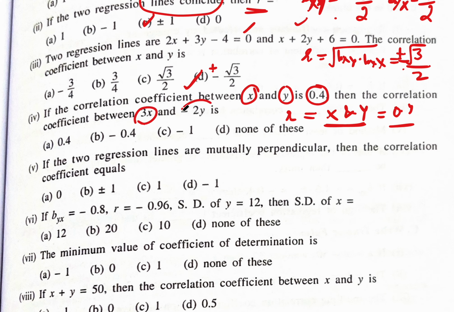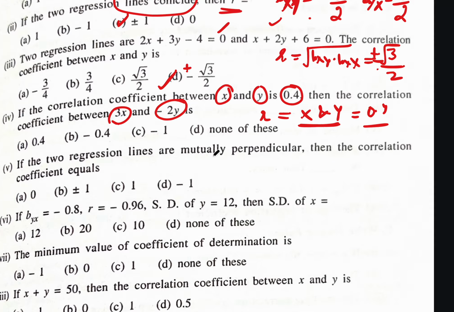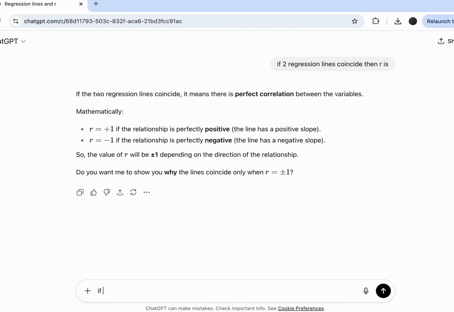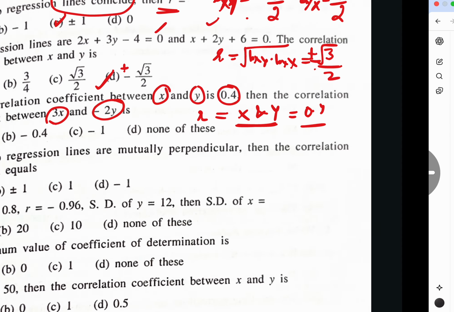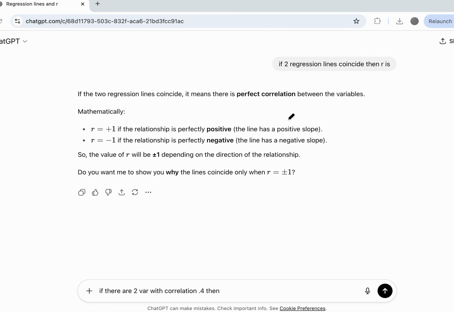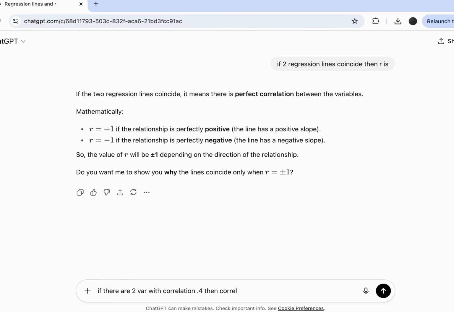Degree of correlation between these two would be how much? Let's see. I have no idea. If there are two variables with correlation 0.4, then correlation between 3x and -2y.